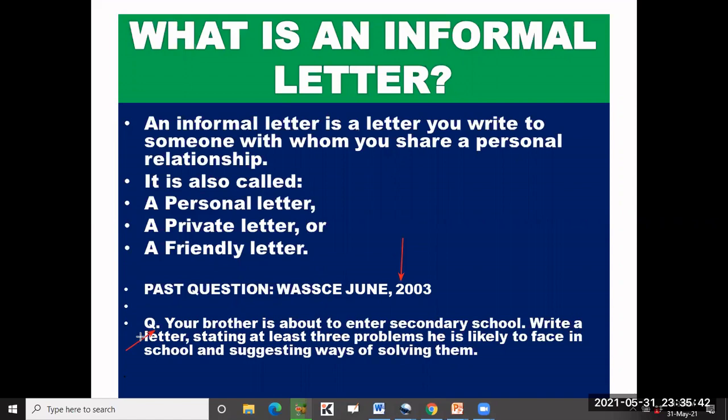Write a letter stating at least 3 problems he is likely to face in school and suggesting ways of solving them. So let's take a look at a few other things that you need to know, and then we go straight into showing you the steps to take in order to write a good letter.